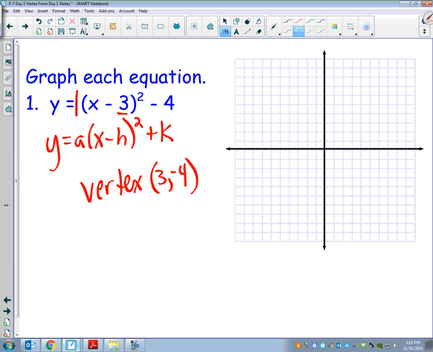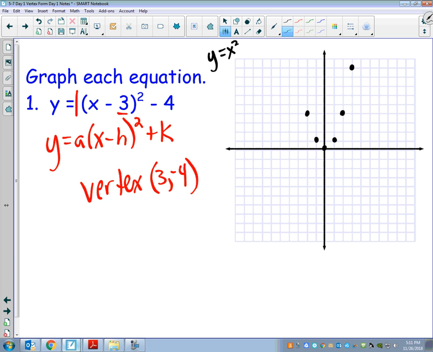So on this first one, I'm going to graph both graphs just to remind us. So I'm going to graph y equals x squared as our parent graph, just to remind you really quick about this. So x squared, remember, starts at (0, 0), and then we do our 1, 3, 5 rule. So we can go over 1, up 1 on each side, over 2, up 4, and over 3, over 1 up 1, over 1 up 3, over 1 up 5. 1, 2, 3, 4, 5.